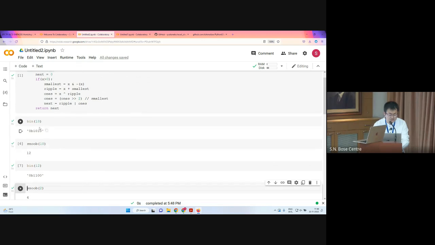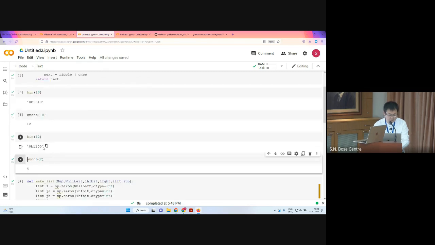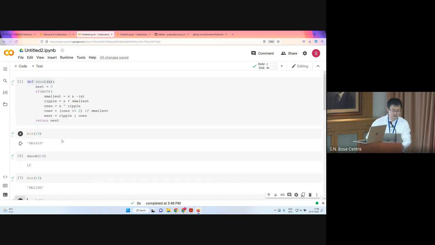So with keeping the same number of down spins, you can find the next spin basis state. That is the function of snoob. Does that make sense for you?